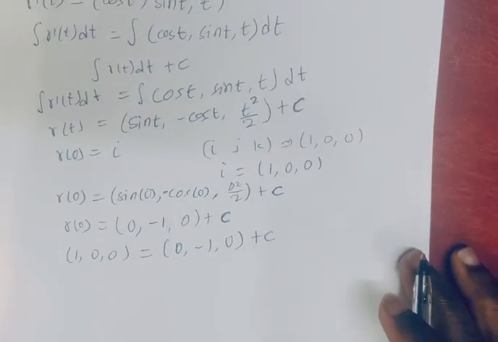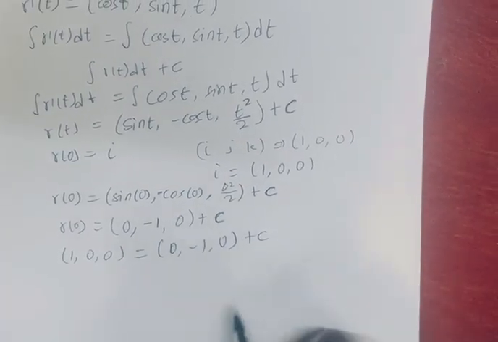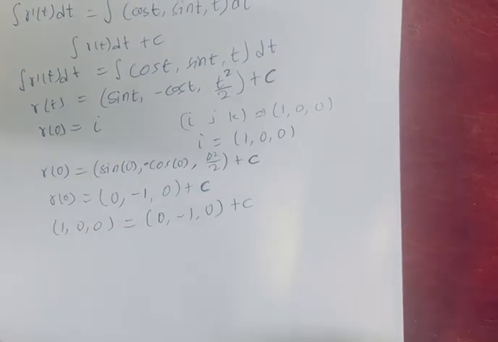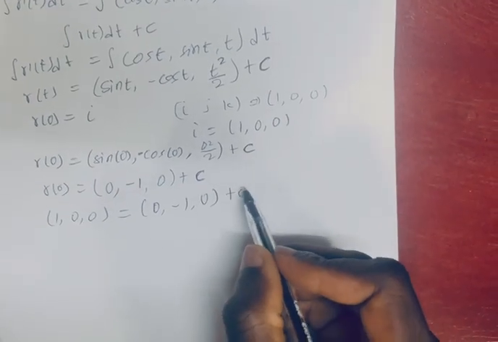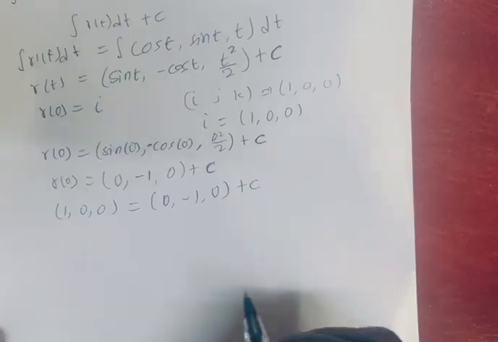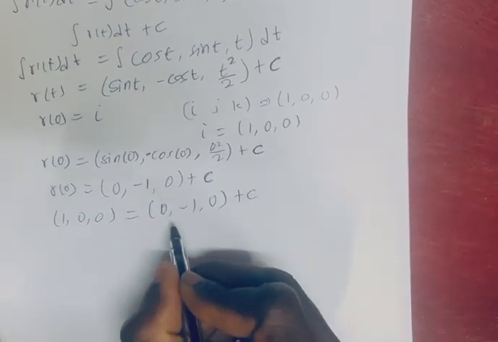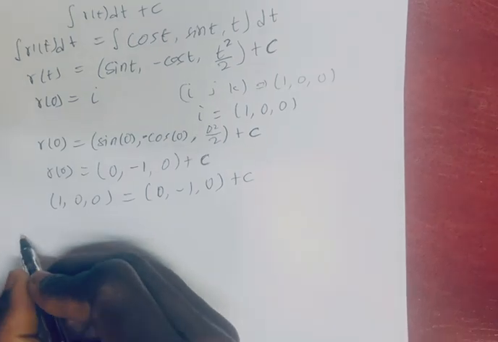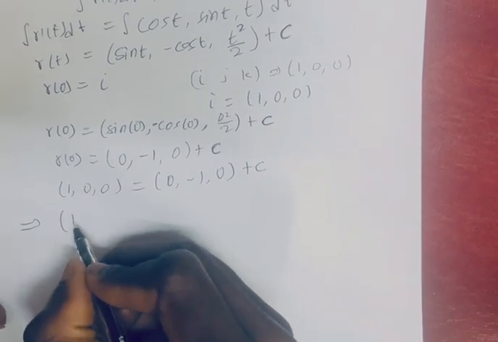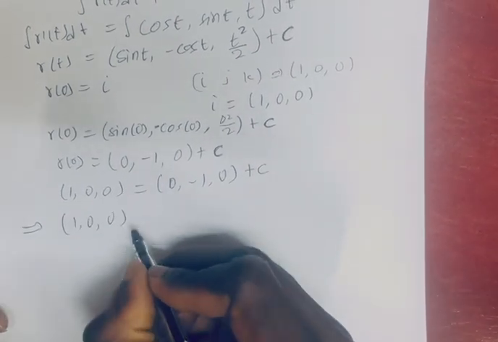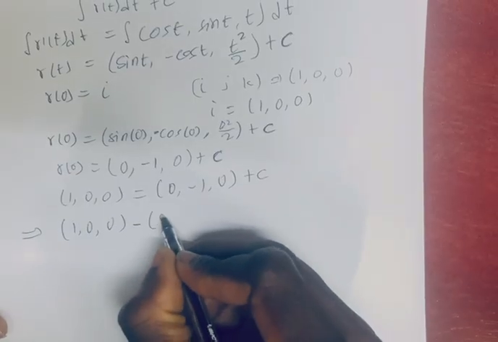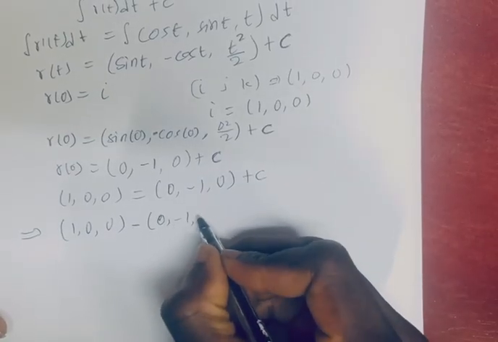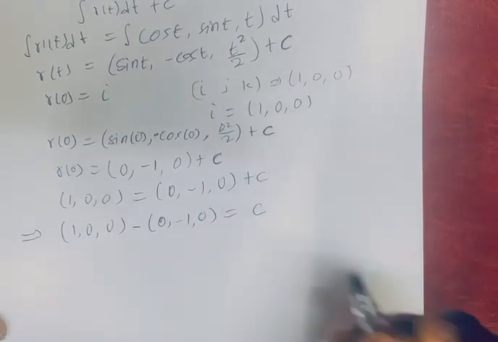Our focus here is to make this constant the subject, meaning we are going to find what this c is. So we just need to transpose everything to the left hand side. That will be 1, 0, 0, minus 0, negative 1, 0 equal to c.